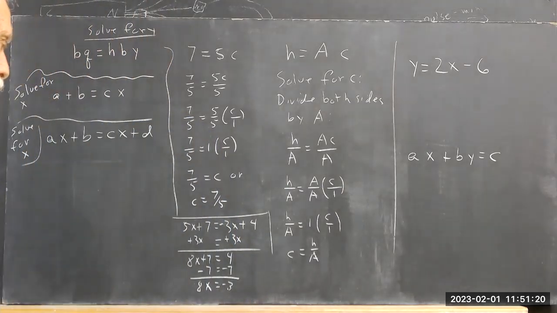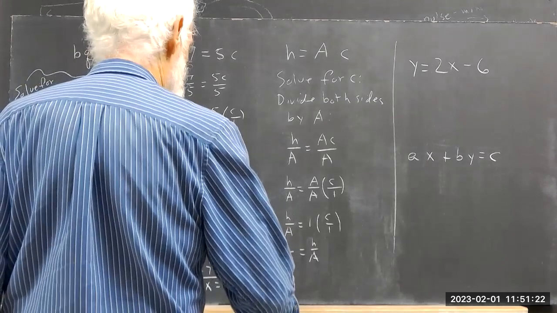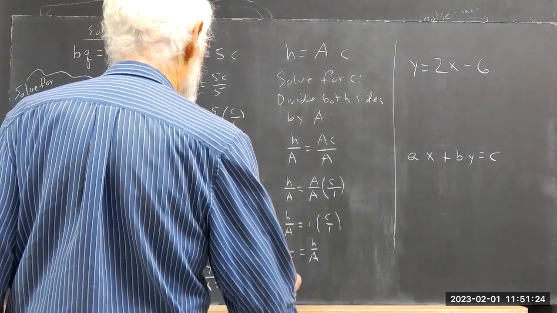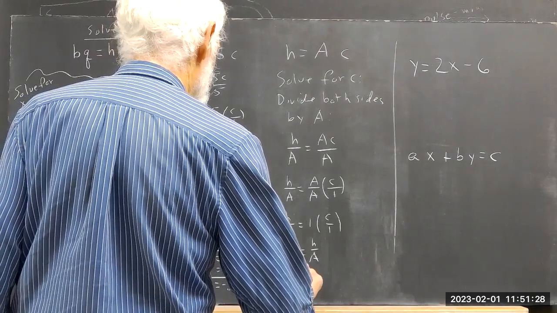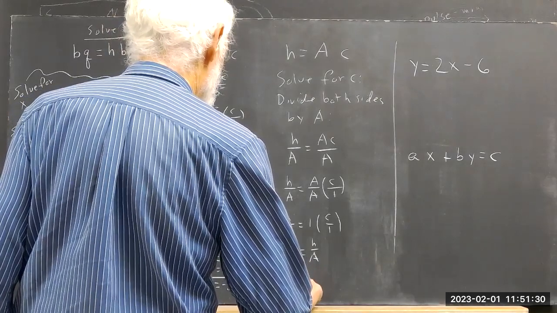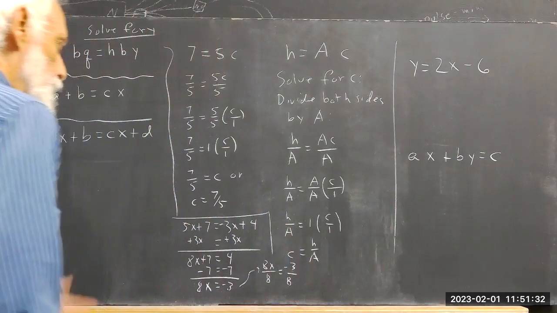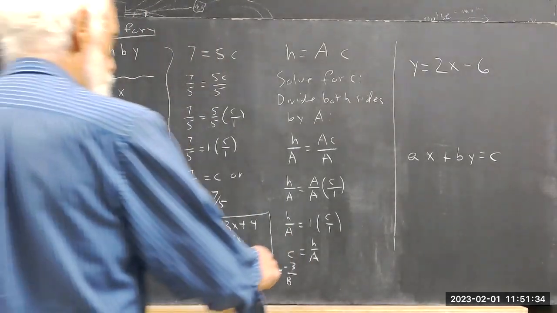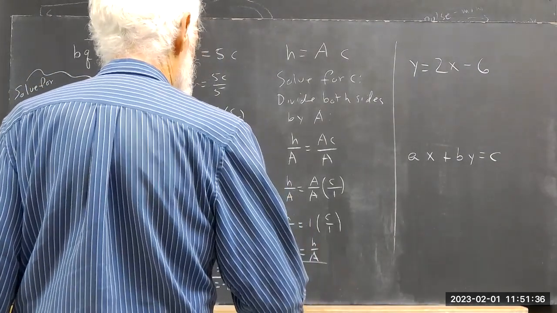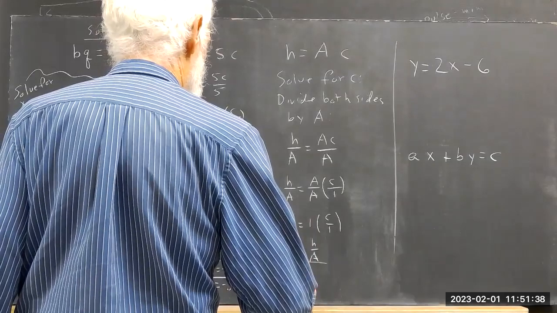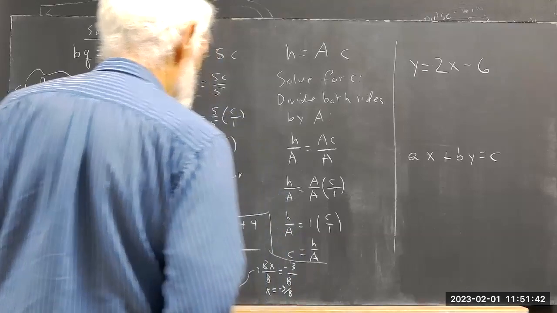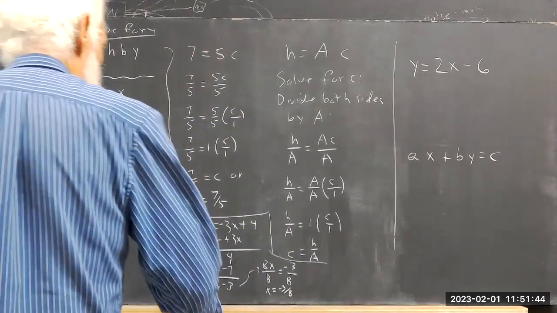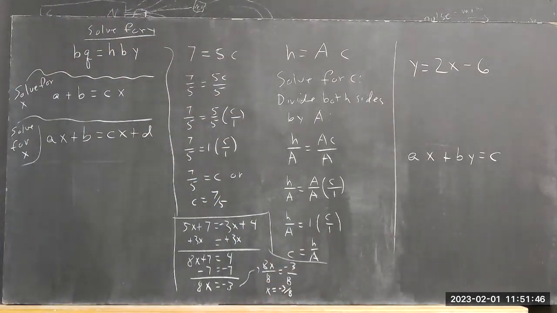And then we just divide both sides by 8, and not by 8x. 8x over 8 is negative 3 over 8. So x ends up being negative 3 over 8.